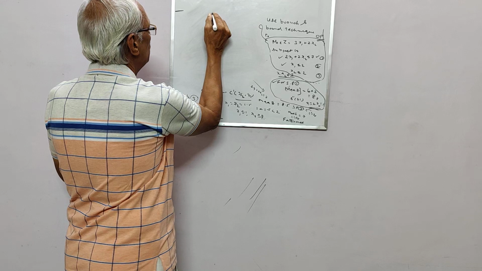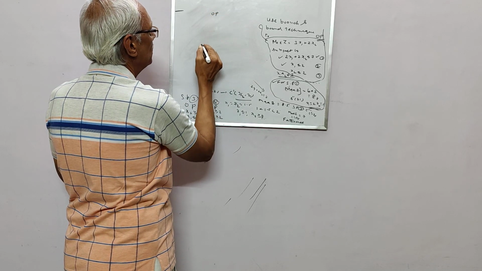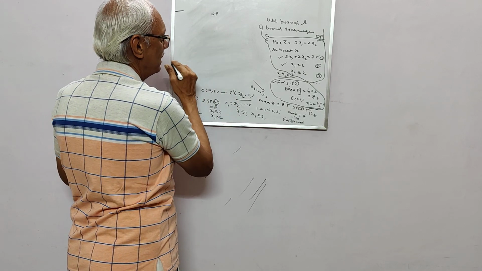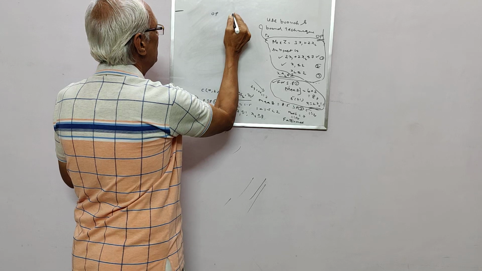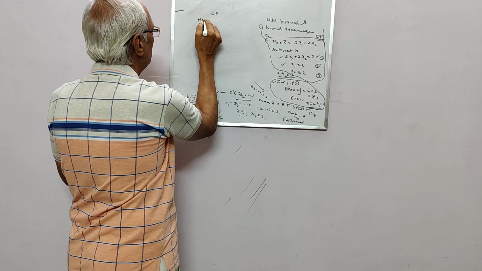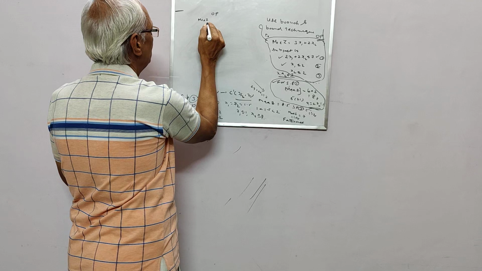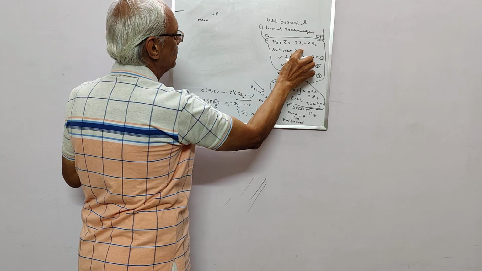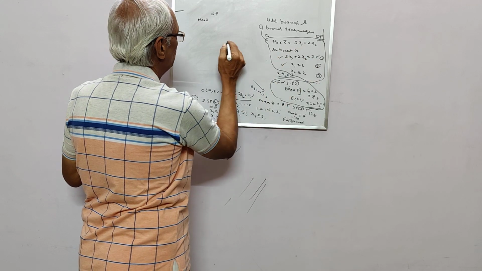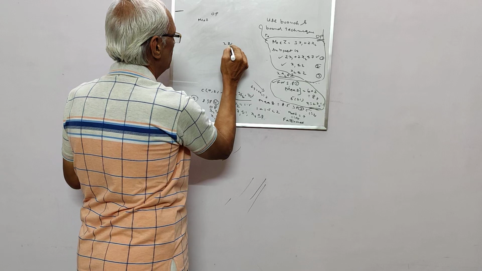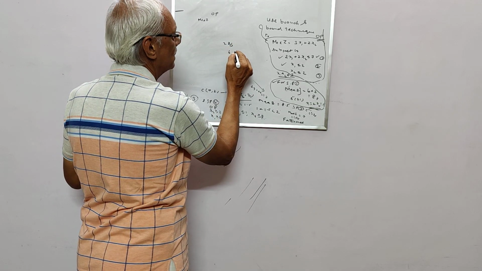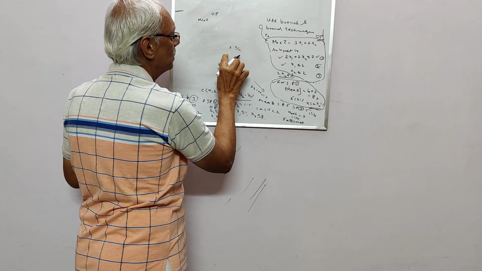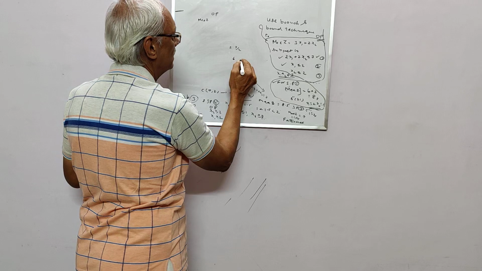It is your original problem. What was the optimal solution that you had? You had the optimal solution as max of z at, I think, 2, 3 by 2. 2 times 2 and 2 times 3 by 2: it is 6 and 3, 9.